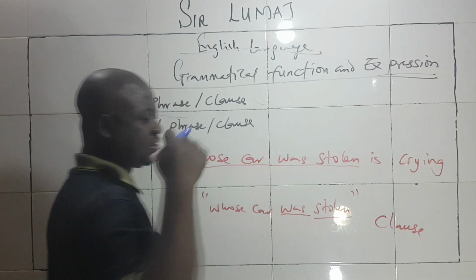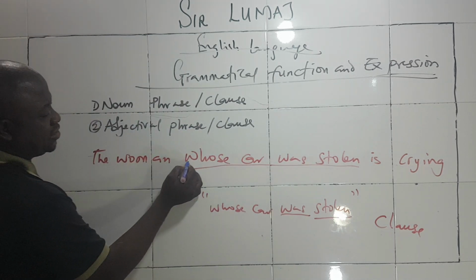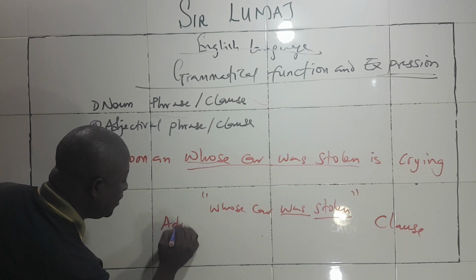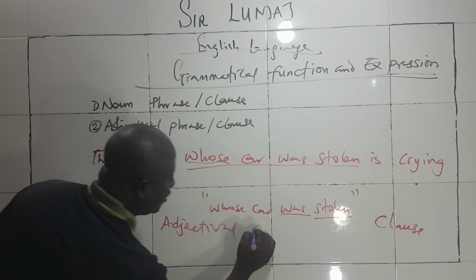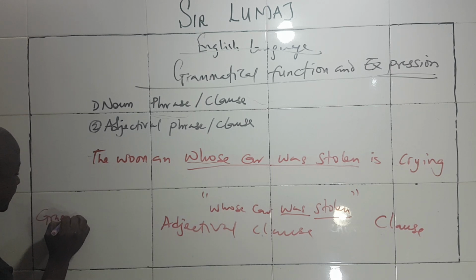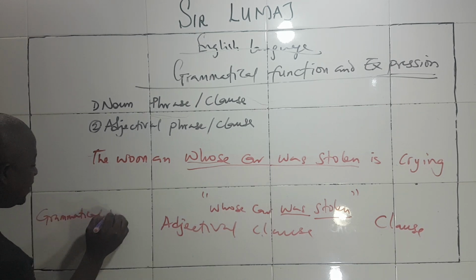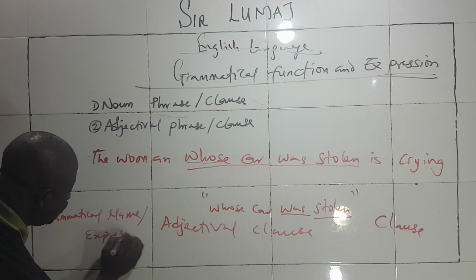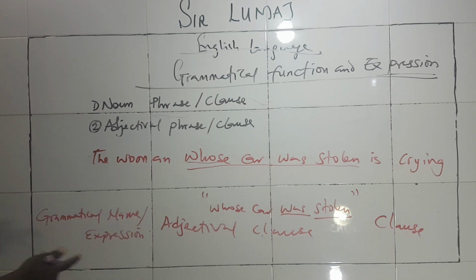Then what type of clause? What is introducing it? Whose. So it is what? Adjectival clause. That is what? Grammatical name or expression. If you don't want to call it grammatical name, you can also say grammatical expression. Then what does this one do?